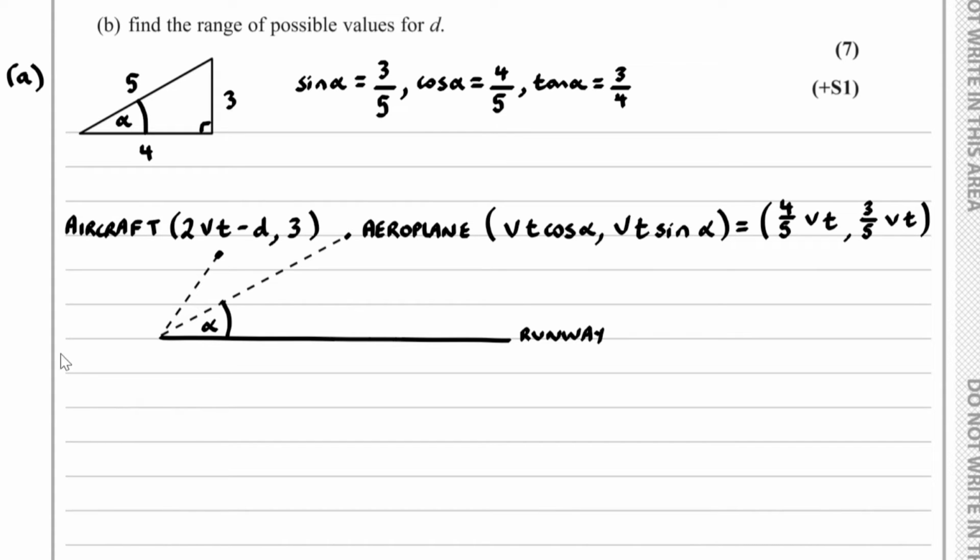So what we have is d squared equaling the change in the x's essentially. So that will equal 4/5 vt, then we subtract, and here we've got 2vt minus d.